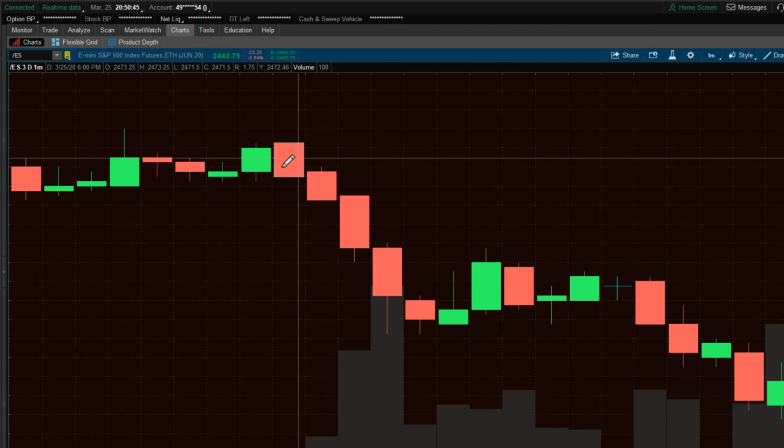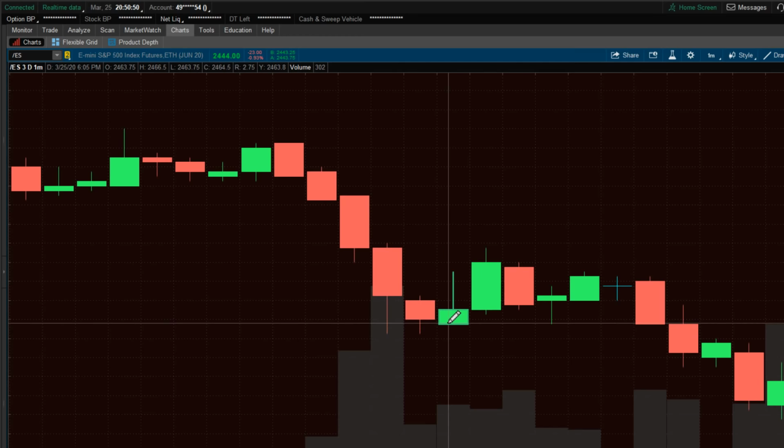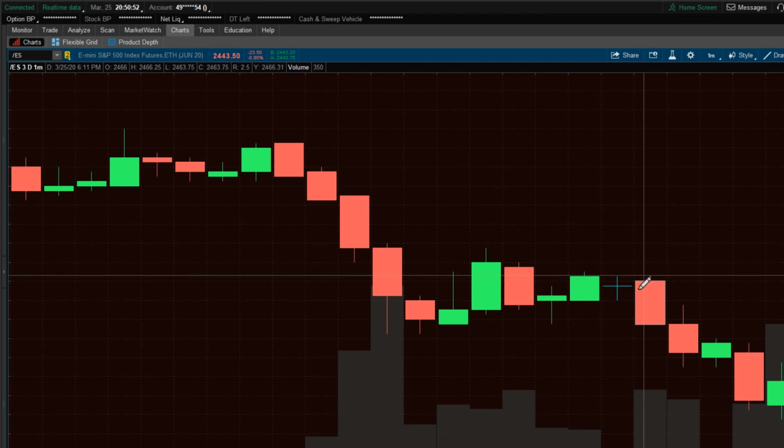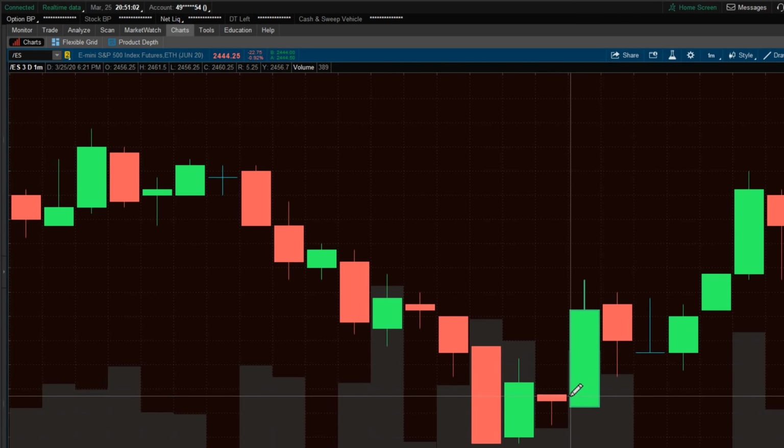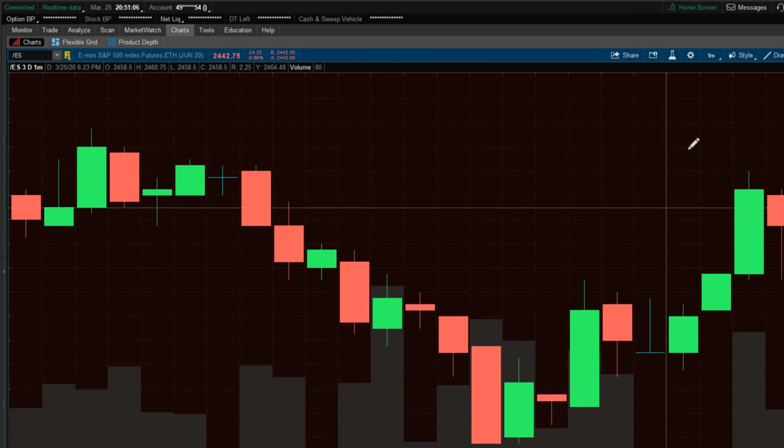Okay, bearish engulfing. It engulfed this one. And then look what happened. You got a super big flush. It's kind of the same thing here on this doji. It engulfed the doji on down. Here's one here. Open below it, engulfed, and up we go.